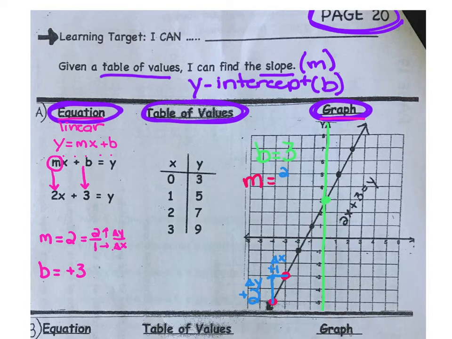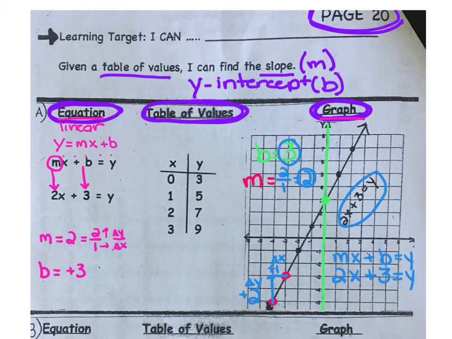So we set up the ratio positive 2 over positive 1, which of course is 2 once we reduce. So the equation for this particular line that's been graphed, mx plus b equals y, is 2 times x plus an intercept of 3 equals y. And clearly, it's been labeled on the line.